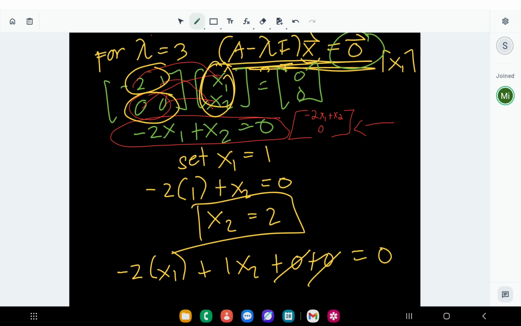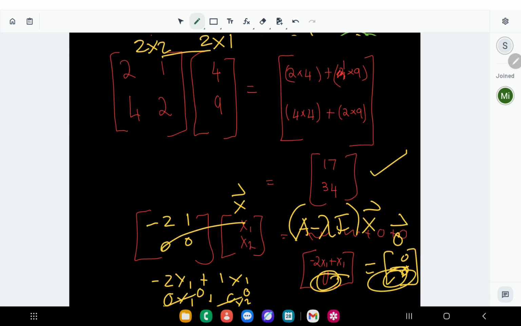Yeah, we want to get the values of x1 and x sub 2 that is contained in vector x. All right, now it's clear.